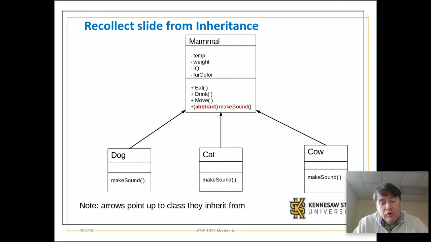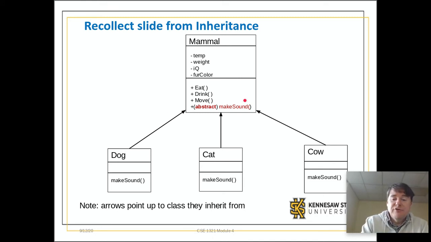As we've seen before, if any of the children need to change how that works, if a particular animal eats differently than all the other ones, they are welcome to override the eat method that they inherited from their parent. But if they don't override it, they will just call eat, and the parent's method will fire effectively. All right. But the new thing that's going on here is we now have this abstract method called make sound.